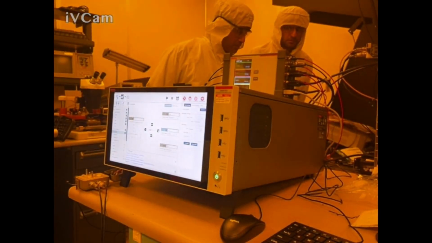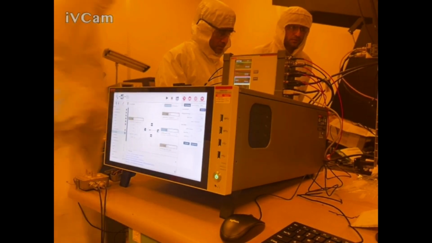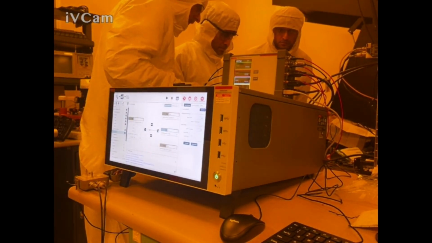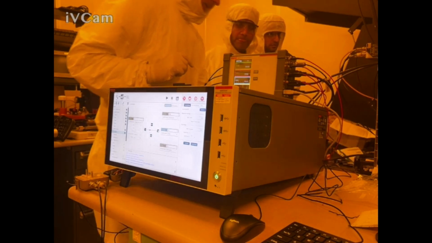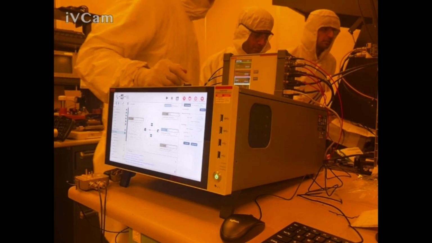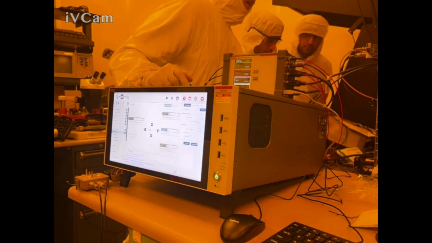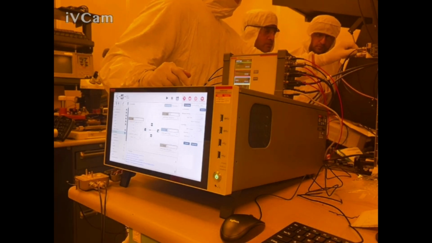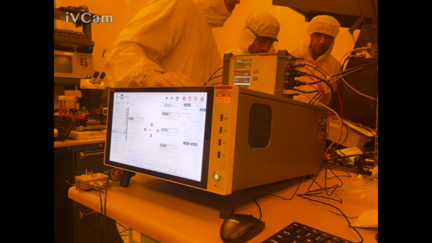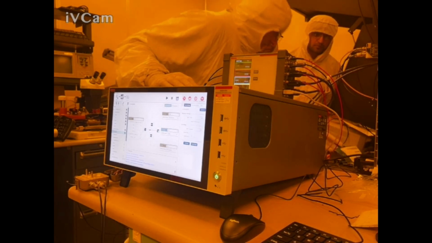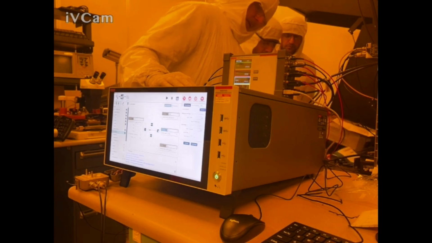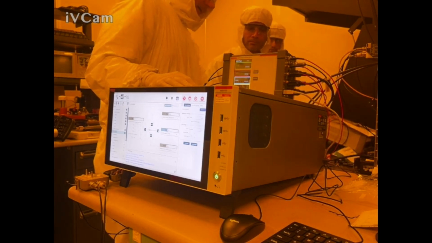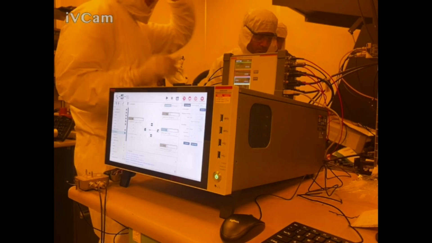There's one adapter I see. This one? Yeah, that's one of them. No, that's not. This is it. This is one. We need two of those. What adapter do you need? SMA to BNC. There's one here. And then we need these, now this is BNC to triax, and then we need SMA to BNC.